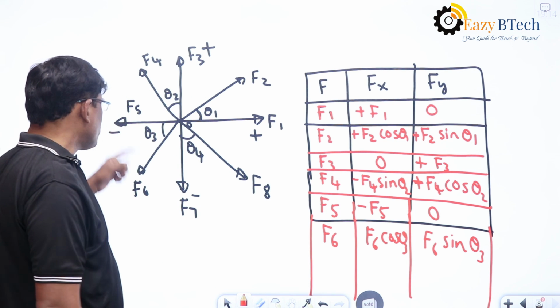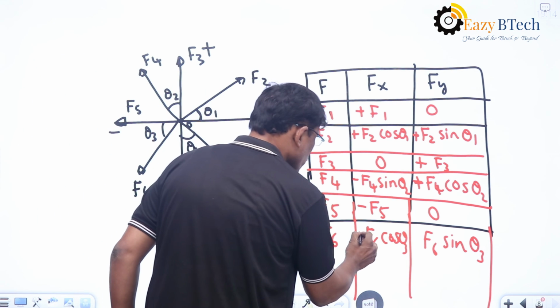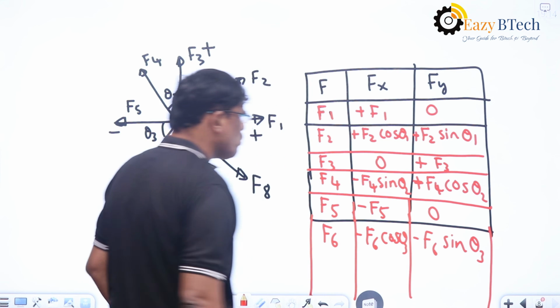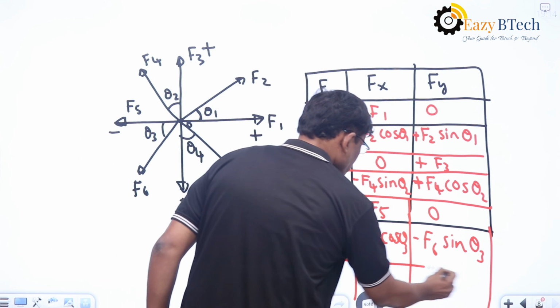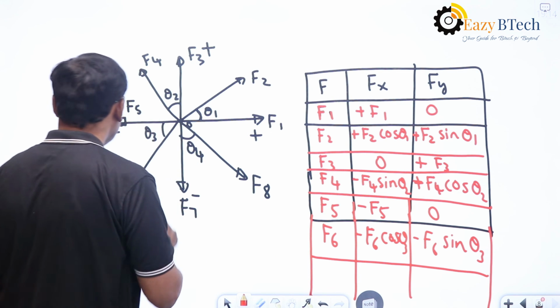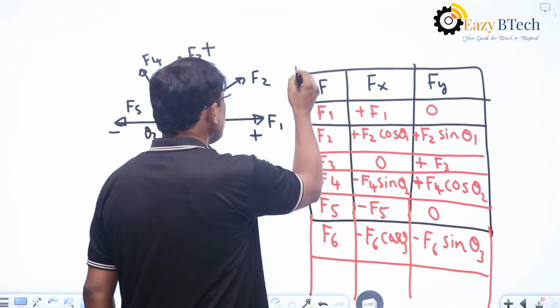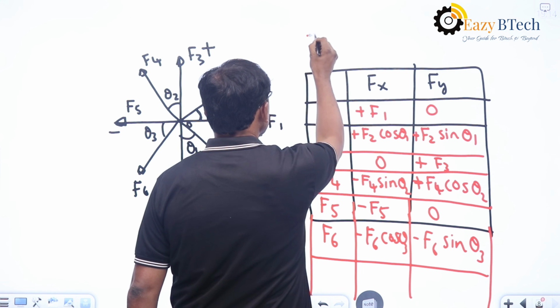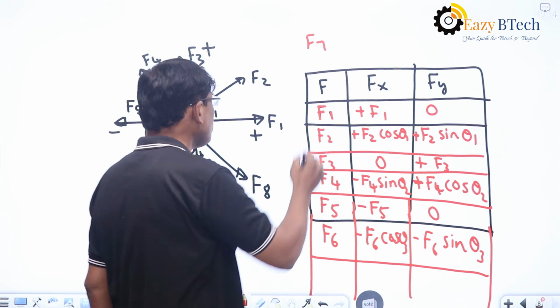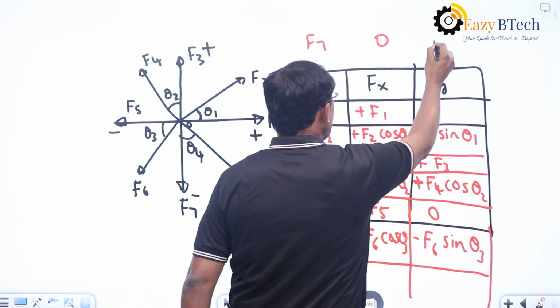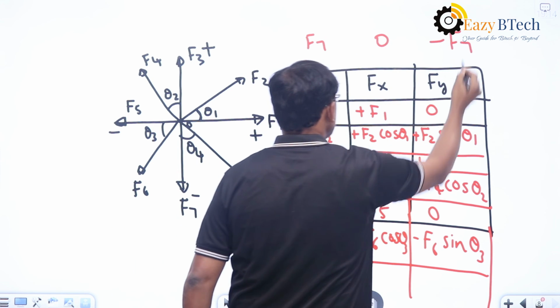But both are minus here, so this one is minus and this one is also minus. And when it comes to F7, so F7 x component is 0 and y component is F7.